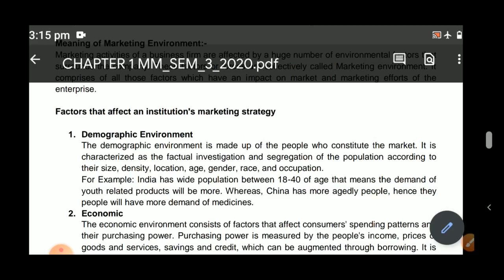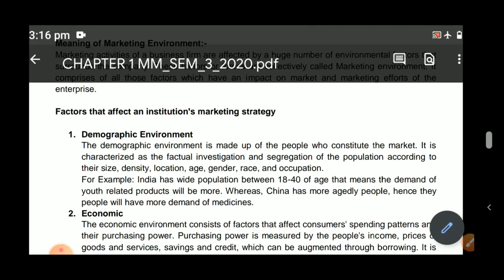If we talk about population, then I think we are the 2nd most populated country and one with the highest youth population in the entire world. 17% of the population of the entire world resides in India, and if we consider China and India together, it would add up to nearly 33.3%. All right, so it's all about the size of the market.